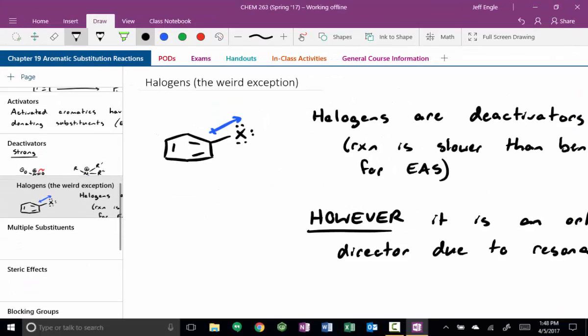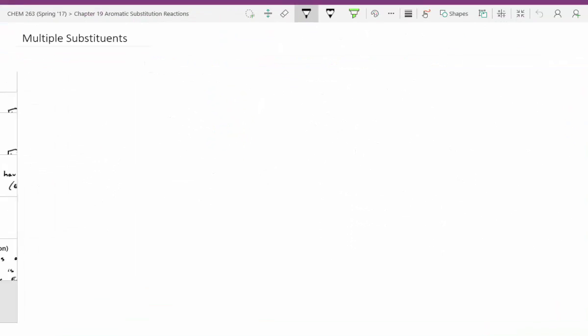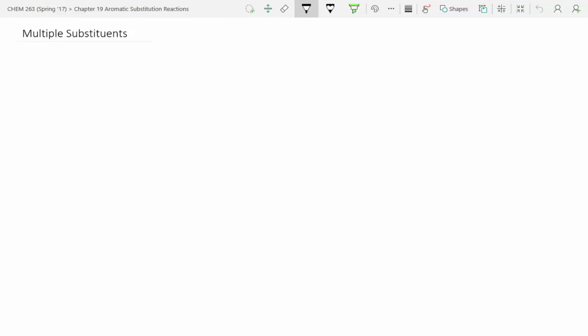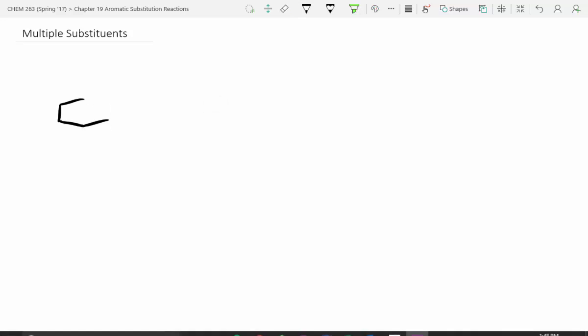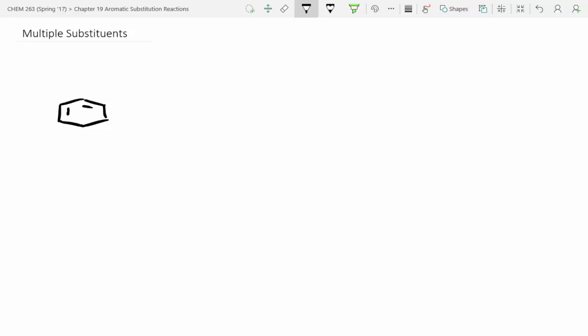We have to kind of do some troubleshooting. So let's take an example. And let's name this molecule first. What would this molecule be named?